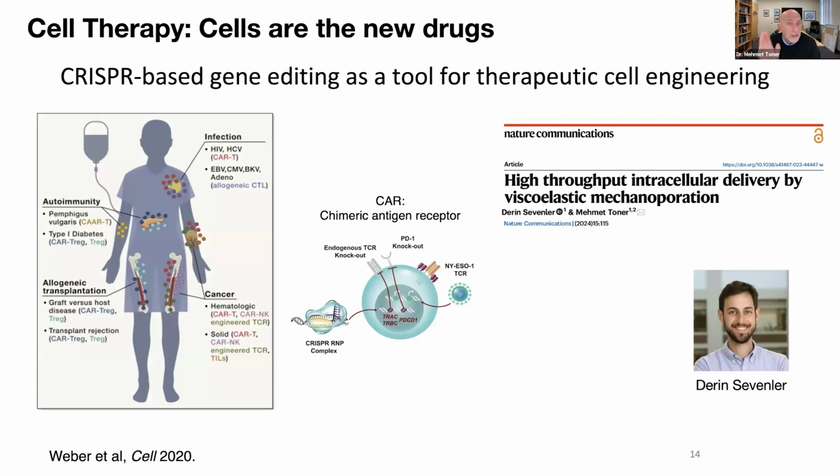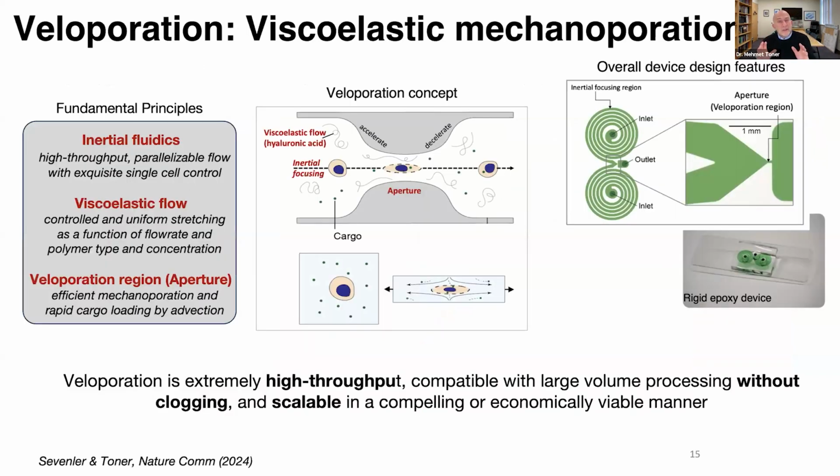Small molecules, electroporation we can do, but high throughput, billions of cells, and putting things like RNP for chimeric antigen receptor treatment, large protein complexes, it's very difficult to get in. And the genesis of this goes back a few years, but the idea is high throughput intracellular delivery by viscoelastic mechanoporation.